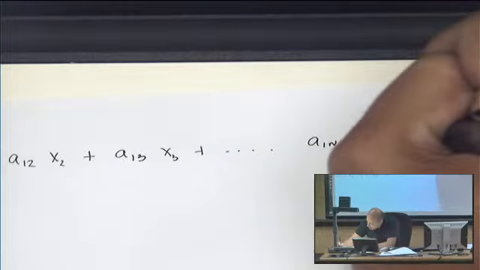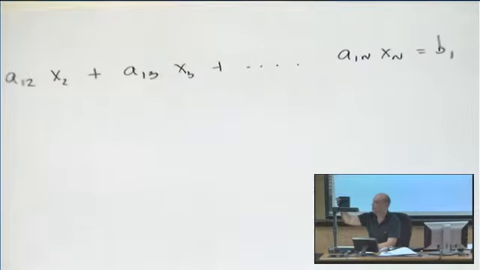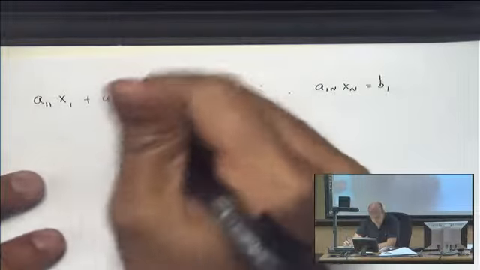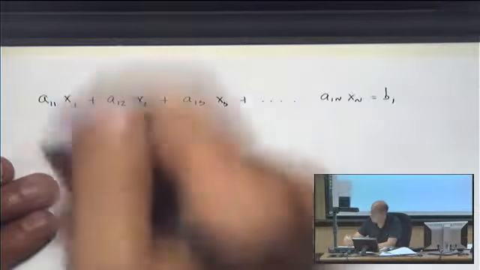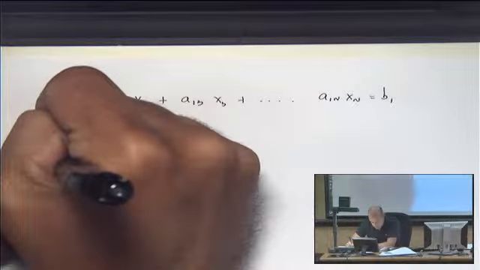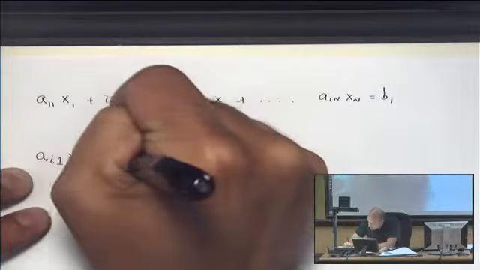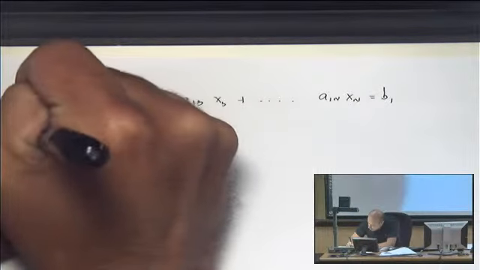Remember what our equations were. They were a11 x1 plus a12 x2 plus a13 x3, or in general, what we had was a i1 x1 plus a i2 x2 and so on, equal to b i. So this is for the ith row.